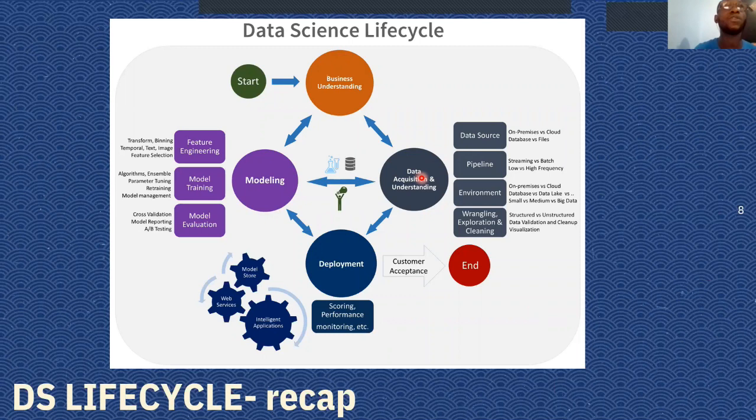There is always going to be data and there's always going to be a source. I got this image from Towards Data Science, and there's a step not shown here: data sources, pipelines, environments, wrangling, exploration and cleaning.